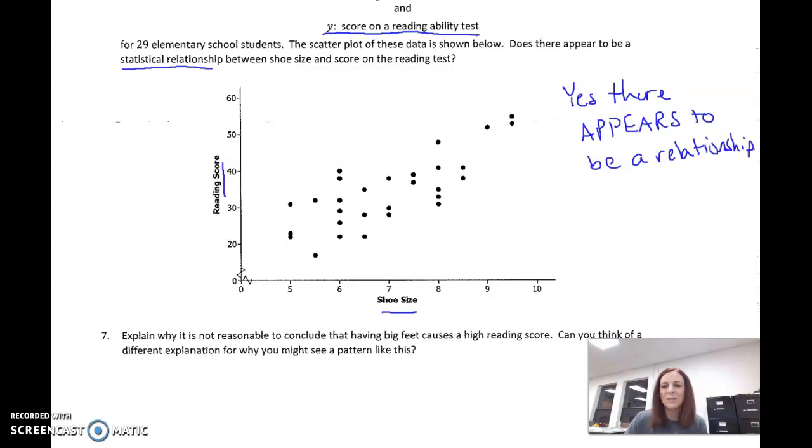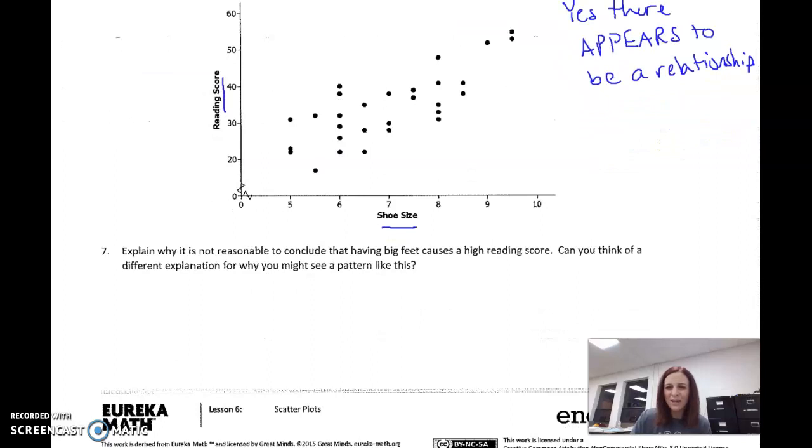Okay, but Mrs. Nelson, that's insane, right? That doesn't make sense. How we read is not affected by our shoe size. But according to this graph, remember when I said this about proving a point? It looks like it. Is there a better reason why the reading score would be higher with a higher shoe size? Now we're talking about elementary school kids here.